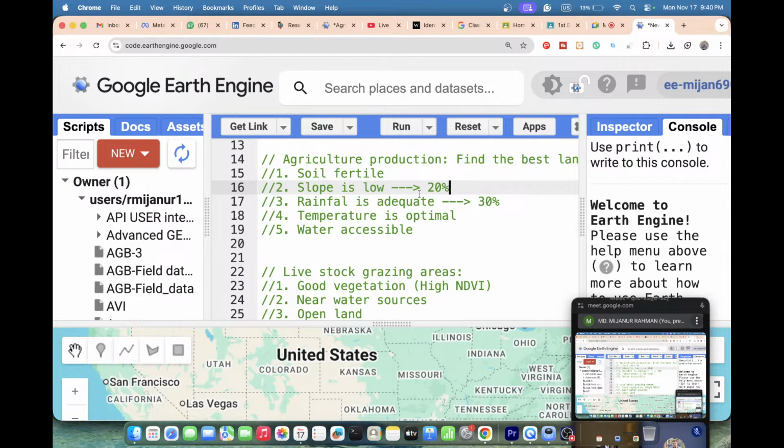Then temperature, I put the same 20% importance or 20% weight. Then soil fertility, I set at 30%.